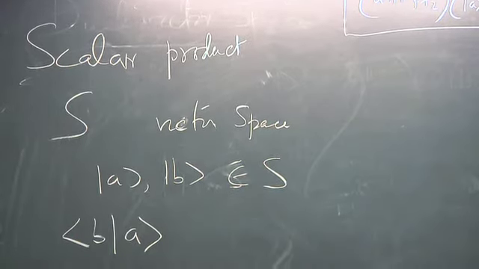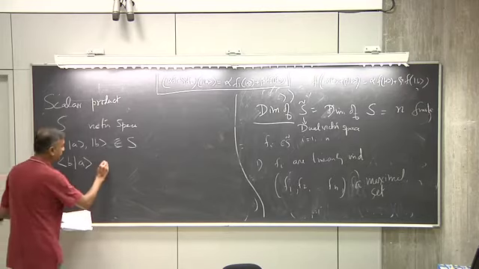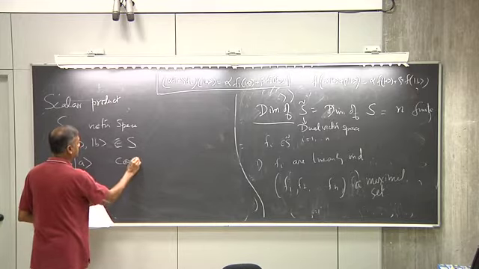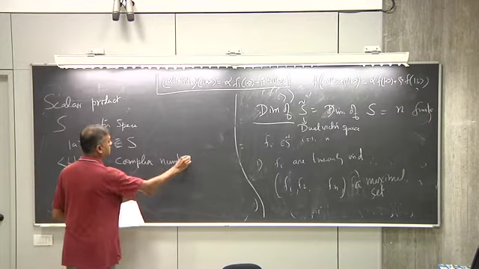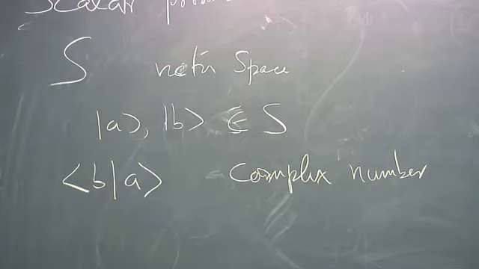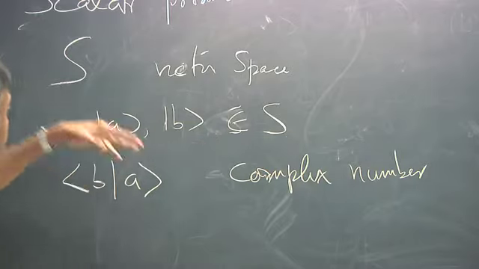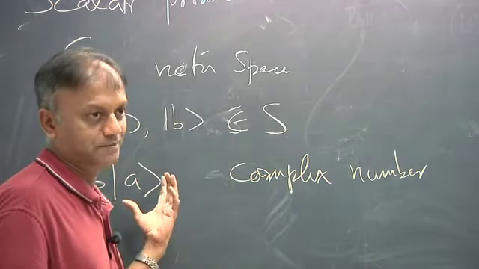So this is a complex number. What I'm saying is that for any pair of vectors in S, the scalar product is a rule which associates a complex number to this pair.